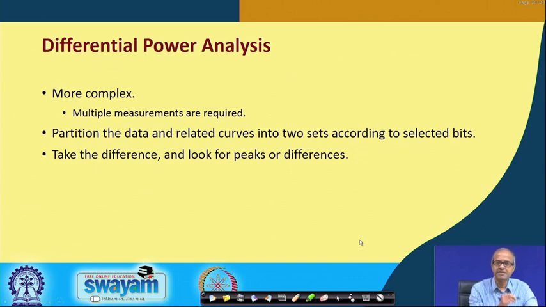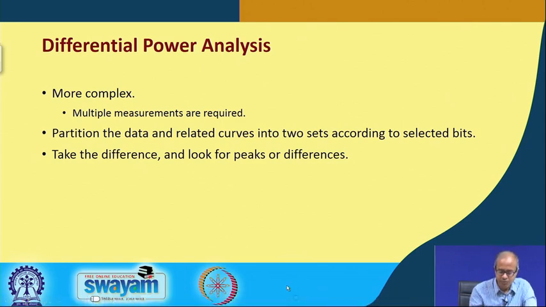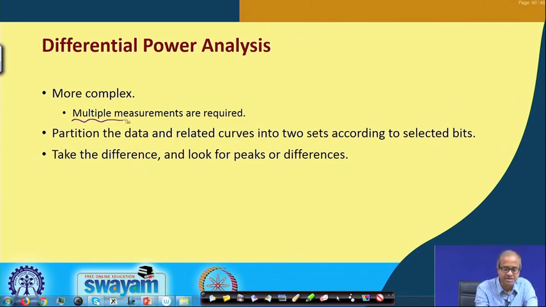But differential power analysis is much more sophisticated, but also mathematically more complex. I am just trying to give you the basic concept of how it works. Here we need to make multiple measurements.